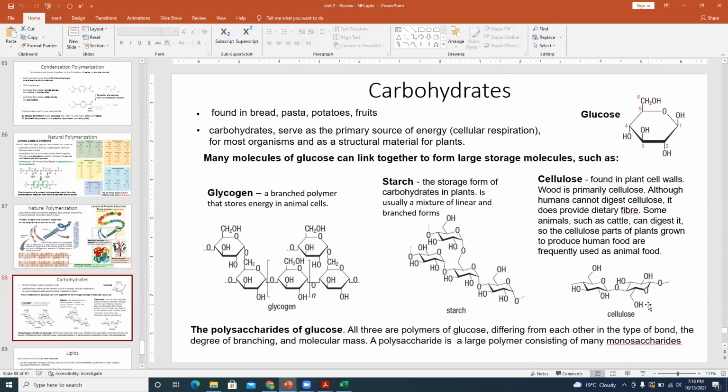The way they differ from each other is in the type of bond and the degree of branching, how much branching takes place, and how big they get, how big a molecular mass they have. These polysaccharides are defined as a large polymer that consists of many monosaccharides such as glucose.